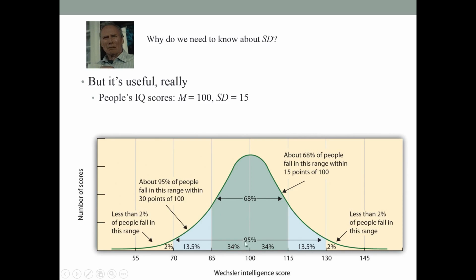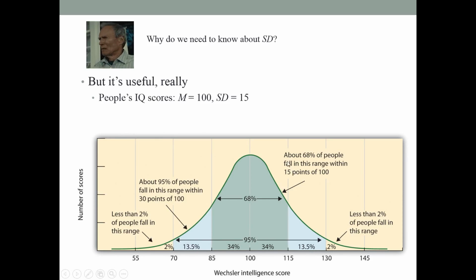That's another 34%. Now, if we go beyond one standard deviation, now there's two standard deviations. The scores between 115 and 130 account for about 13.5% of people relative to the whole population. And here, between 70 and 85, there's 13.5%.